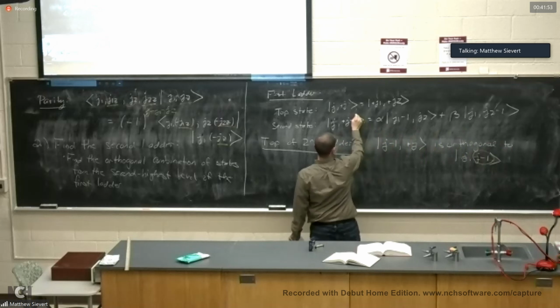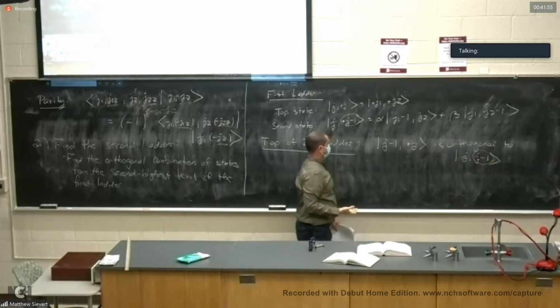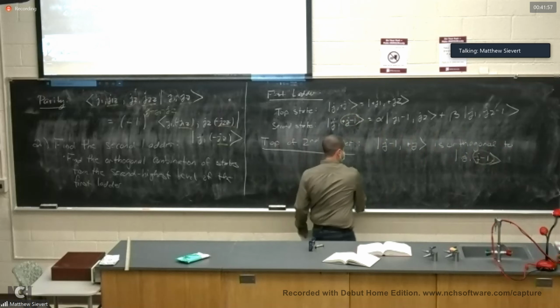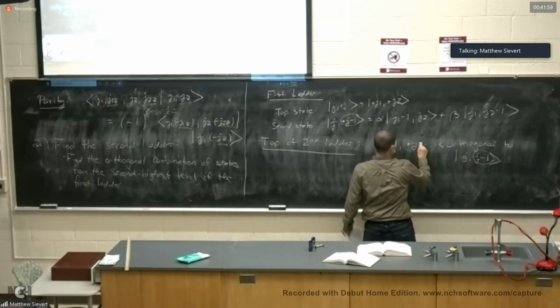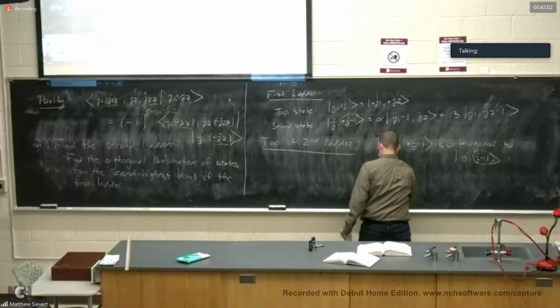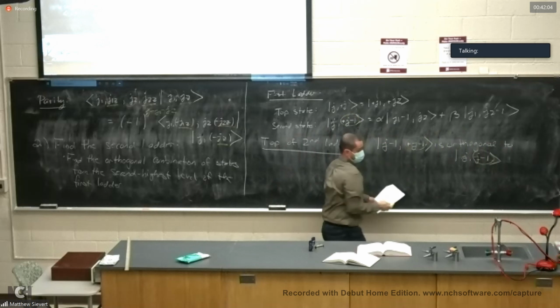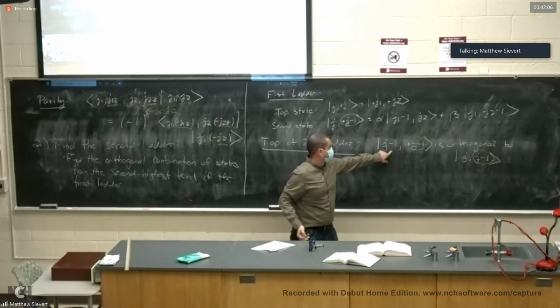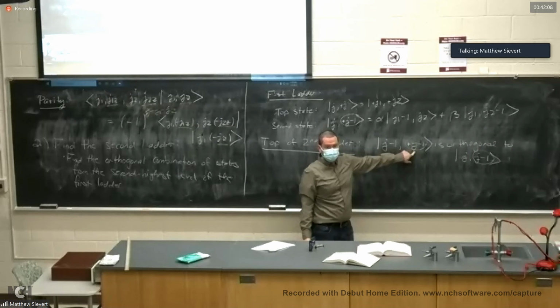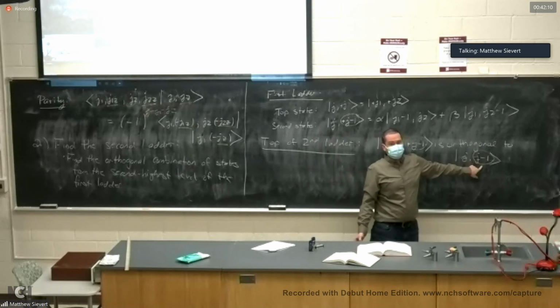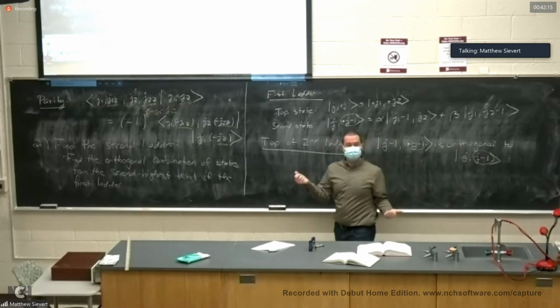They have the same component, plus J minus 1. So both the top state of the second ladder has JZ equals J minus 1, and the second state from the first ladder also has JZ equals J minus 1. They are the opposite combinations of each other.